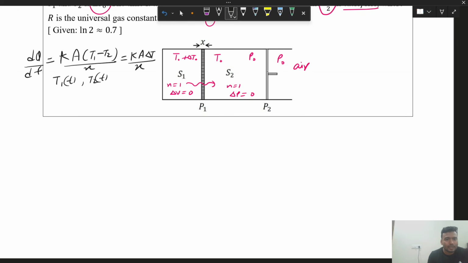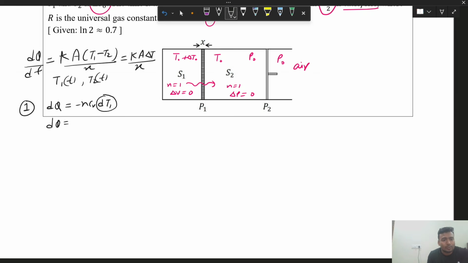Like this. Now for section 1, it is isochoric. So I can say delta Q, and it is losing heat energy to the section S2. So delta Q is nCv. Better to write it as dq for a small change, dT1. Now what is dT1? This is exclusively for section 1, and dT1 is representing the temperature change in section 1, right, in a small amount of time.